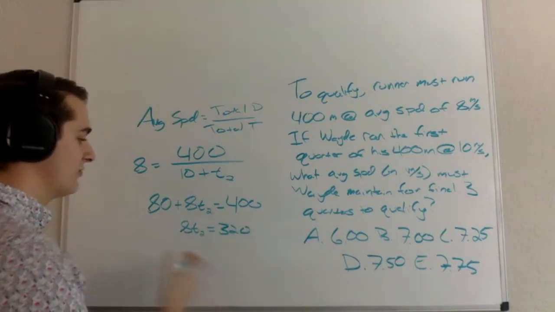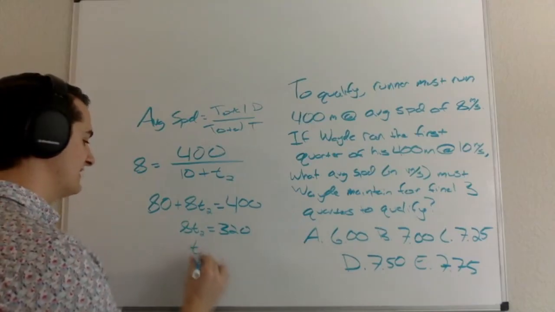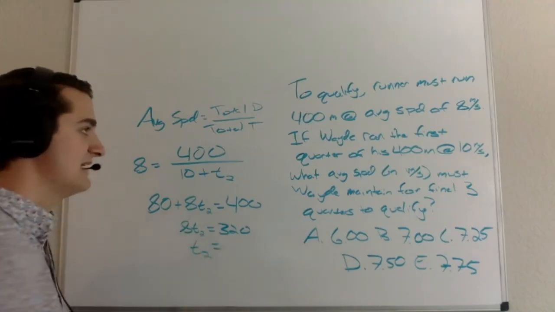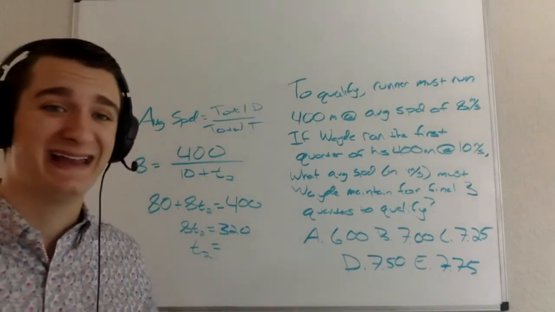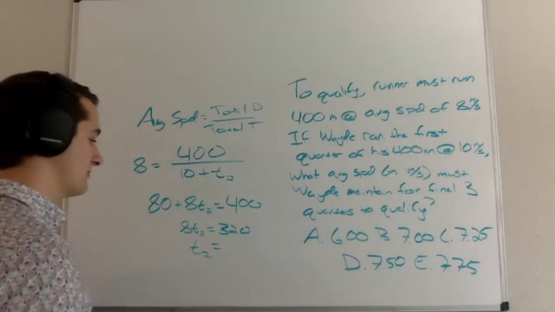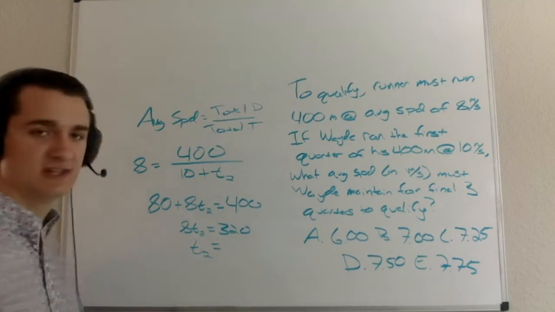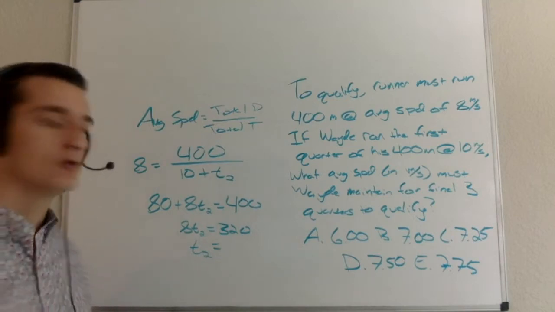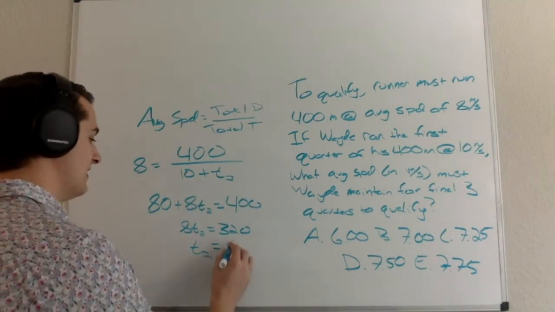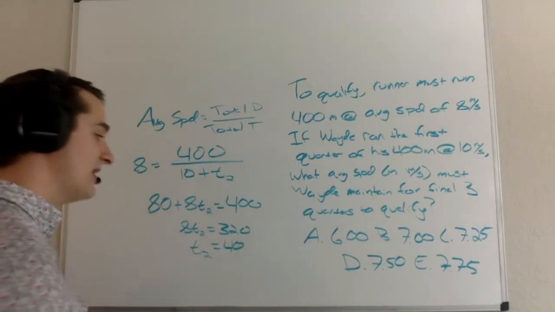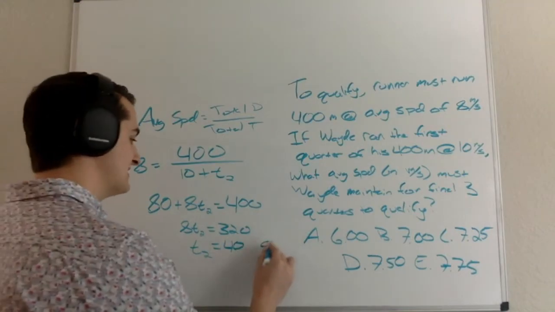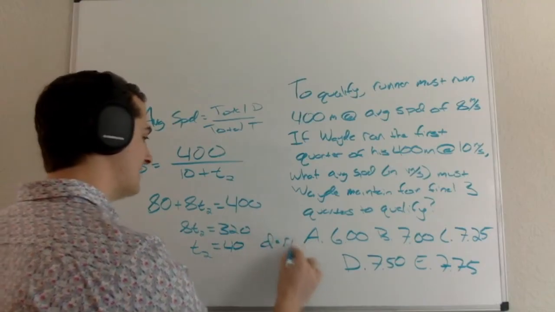And 320 divided by 8 is going to give me how much time I spent on the second portion of the marathon, which again is not the second half of the marathon. So 32 over 8 is 4, so 320 over 8 is going to be 40, the time of the second portion. Now again, I know that distance is equal to rate times time.